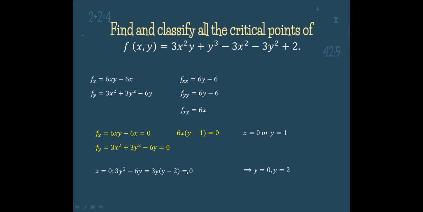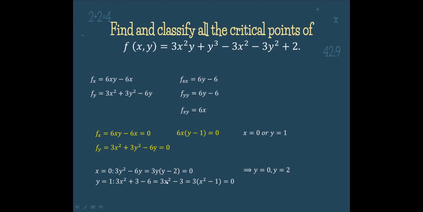And then let's plug in also the value for y, which is 1. In our second equation, when y is equal to 1, we have 3x squared. And then the square of 1 is 1, sorry, times 3 is equal to 3. And then 6 times 1 is 6, so that's minus 6 here. So 3 minus 6 is negative 3.